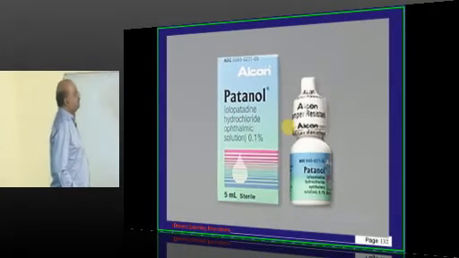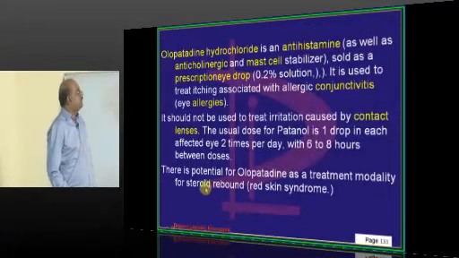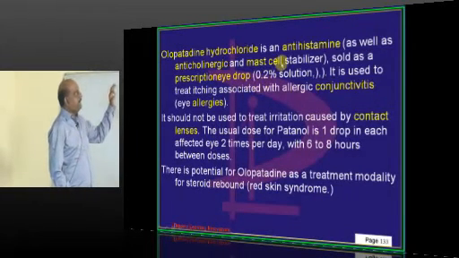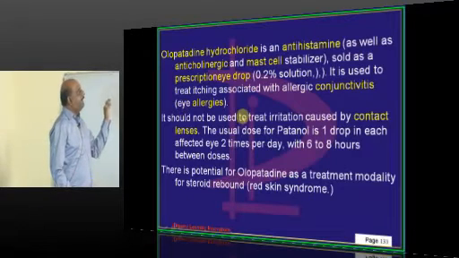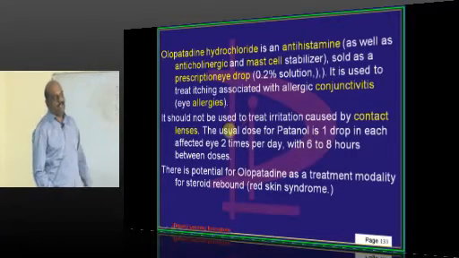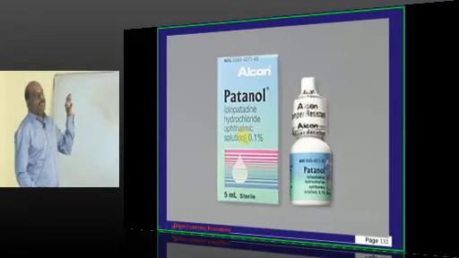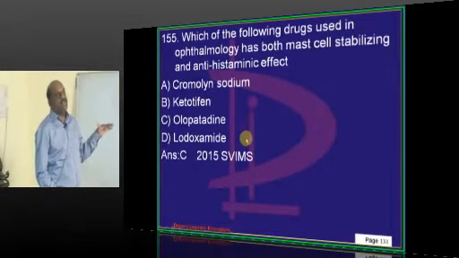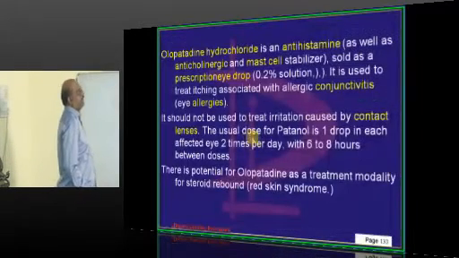This is also called olopatadine hydrochloride. It is an antihistamine and mast cell stabilizer, and it can be used for allergic conjunctivitis very much. If there is an irritation due to contact lens, there you should not use. In other states of allergic conjunctivitis, you can very much use it.